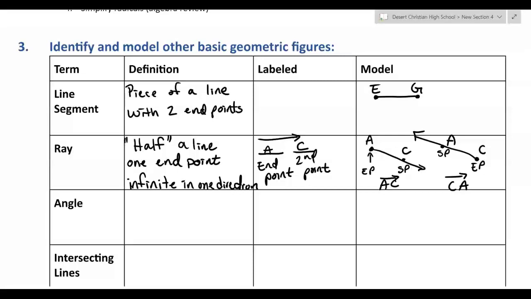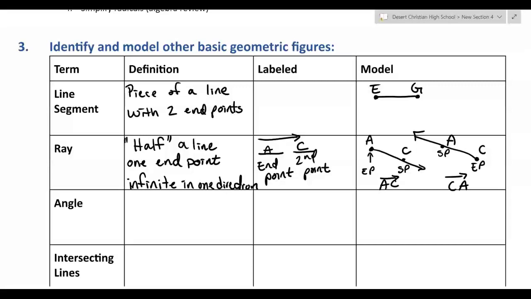It is not infinite, it is defined, it is measurable. We can't measure the length of a ray, it's infinite. We could run our ruler along it, but we don't have a ruler long enough to get its full measure. Same thing with a line. But a segment we can measure, okay?